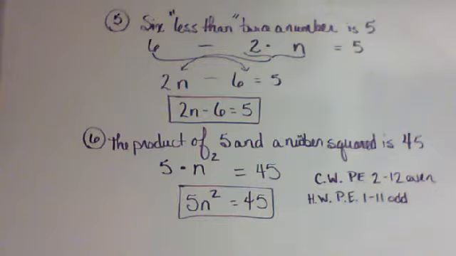I'm also going to tell you that for this particular test, you need to concentrate more on sections 2-1, 2-2, 2-3, and 2-4, because there's very little from 2-5 through 2-9.